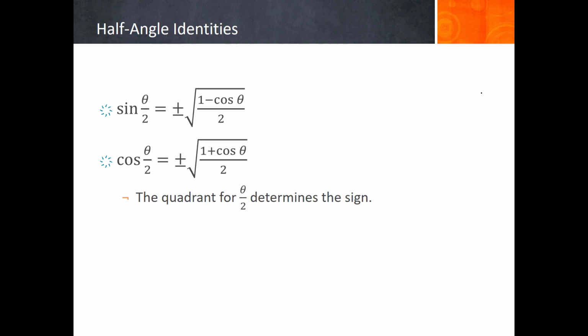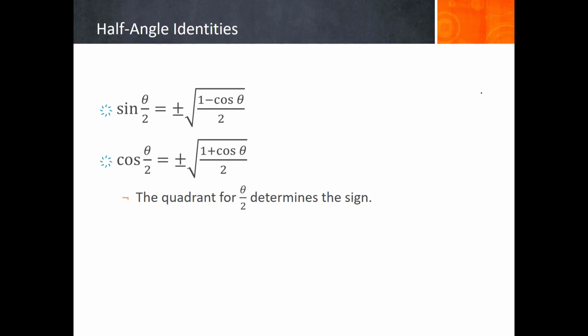And these formulas are just a different way of rewriting the double angle or the reduction formulas that we saw earlier. One of the difficulties with these half-angle identities is that we have to pay attention to the quadrant that your original theta over 2 angle lies in.